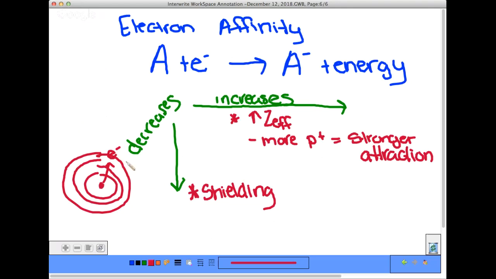And that's called shielding. So we have this idea where each layer shields this positive charge from the electron. So if we're adding an electron to this outer energy level, the further away that energy level is from the nucleus, the weaker that attraction is. So if we have increased shielding, we're going to have a weaker attraction.